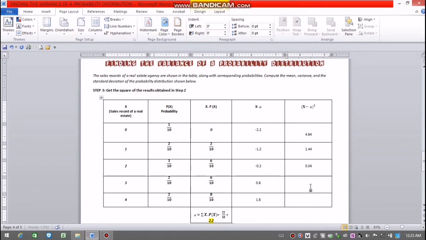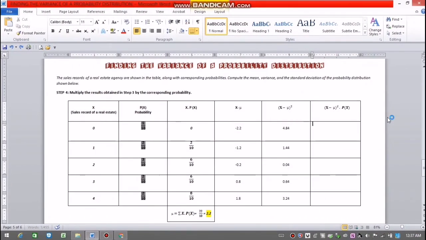For the fourth column, 0.8 squared is equivalent to 0.64. And for the last column, 1.8 squared is equivalent to 3.24. So here is the result: 4.84, 1.44, 0.04, 0.64, and 3.24.